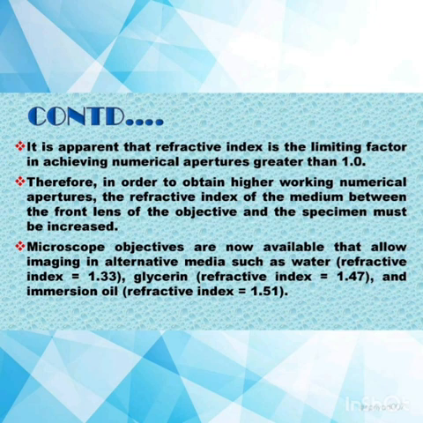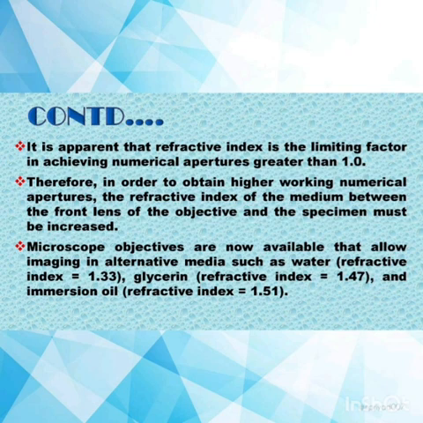It is apparent that refractive index is the limiting factor in achieving numerical apertures greater than 1. Therefore, in order to obtain higher working numerical apertures, the refractive index of the medium between the front lens of the objective and the specimen must be increased.